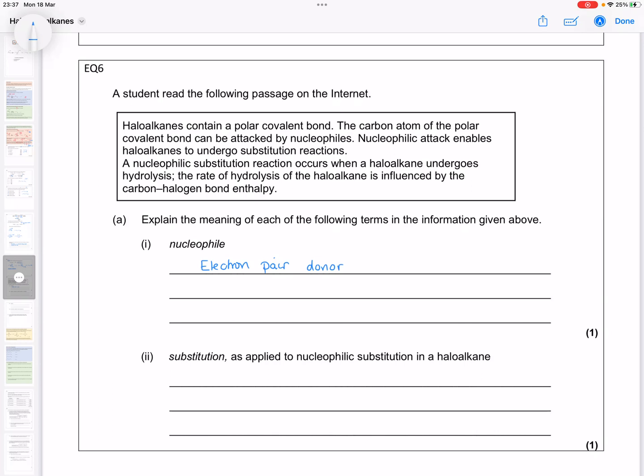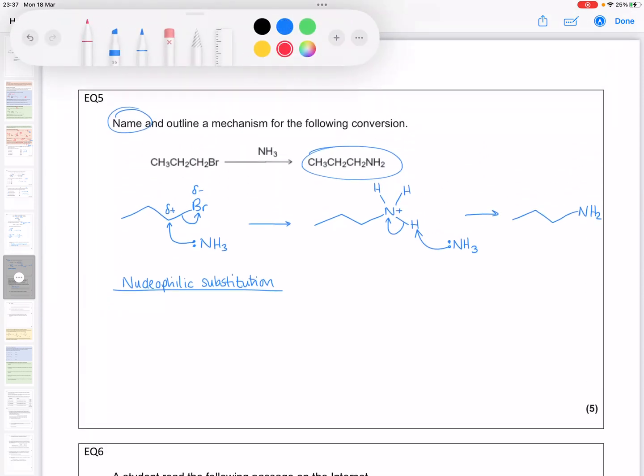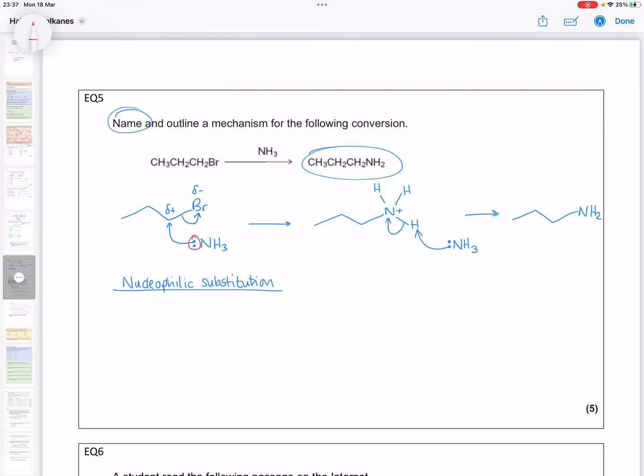Could also say a lone pair donor. It's important that it's a pair, it's not just an electron donor. If we look back at this mechanism, here is the electron pair, very important.